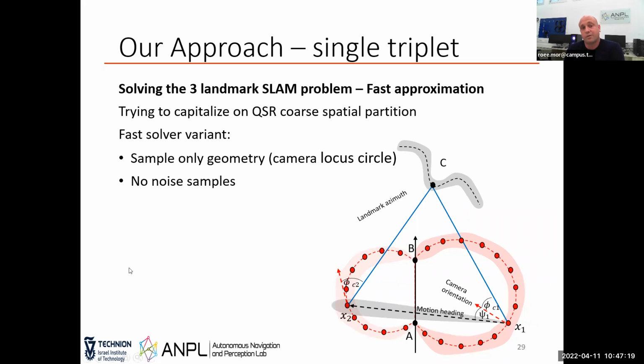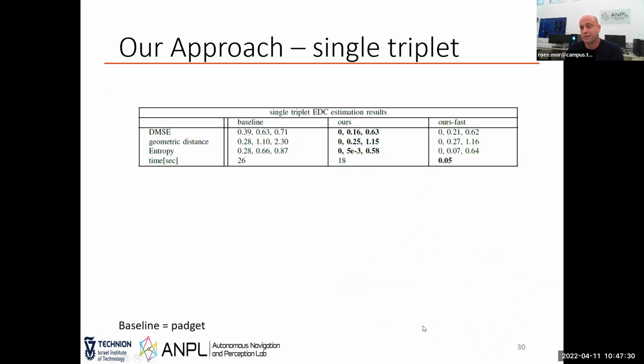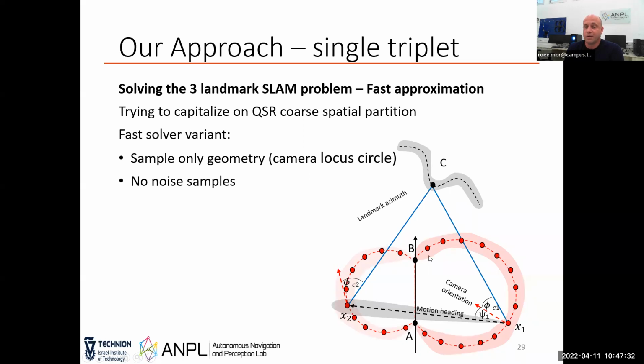What we found out, for example, is that we can just neglect the noise. We just assume we don't have any noise on the samples, and we sample on the actual locus circle without assuming noise, and we found out that the performance is very similar to the full algorithm, okay?